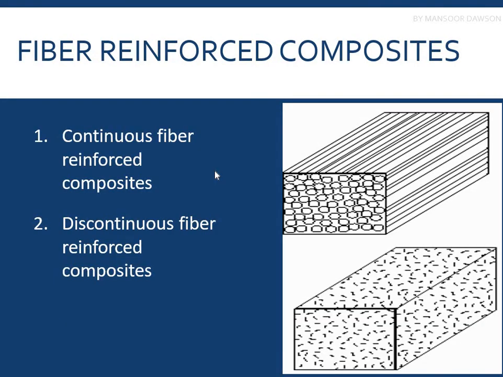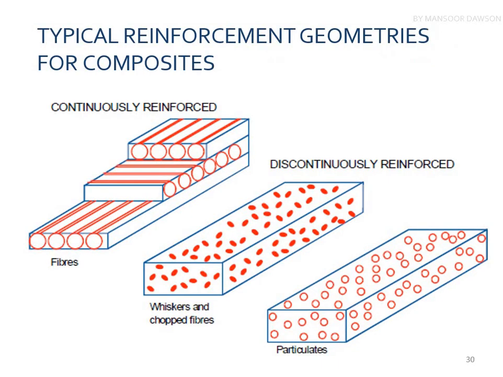Then fiber reinforced composites. The fibers can be continuous fibers, or they can be discontinuous fibers, as you can see in this figure, where the fibers are randomly oriented, not in a particular direction. Typical reinforcement geometries for composites are continuously reinforced.